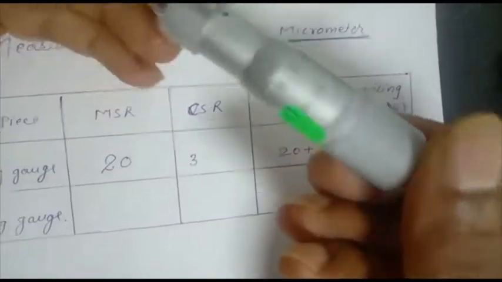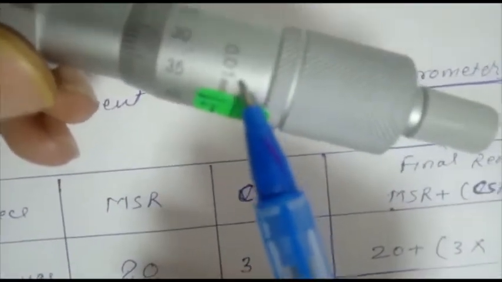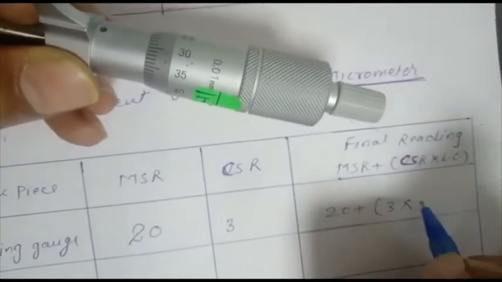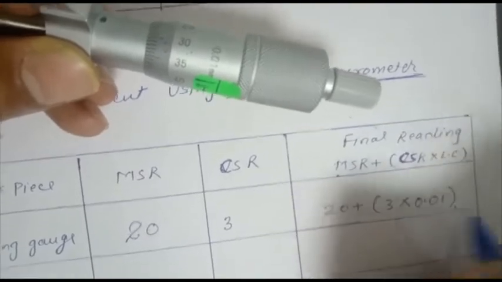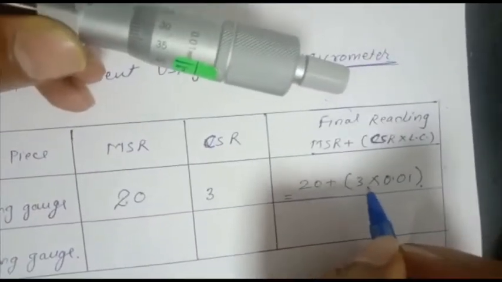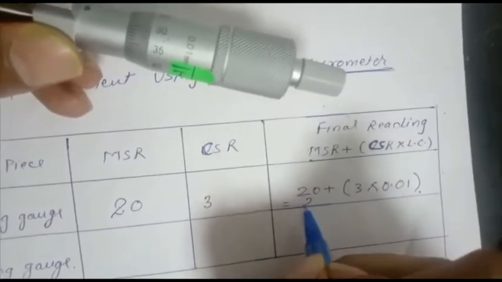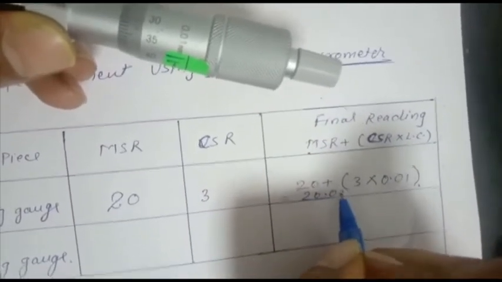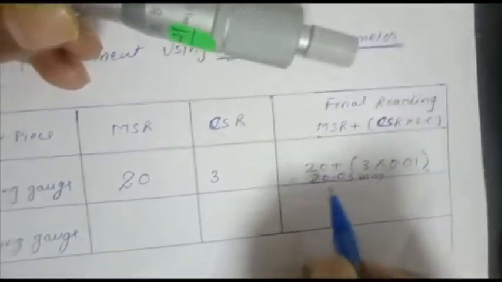The least count of this micrometer is 0.01 mm. So what will be my total reading now? 20 plus 0.03, that is 20.03 mm.